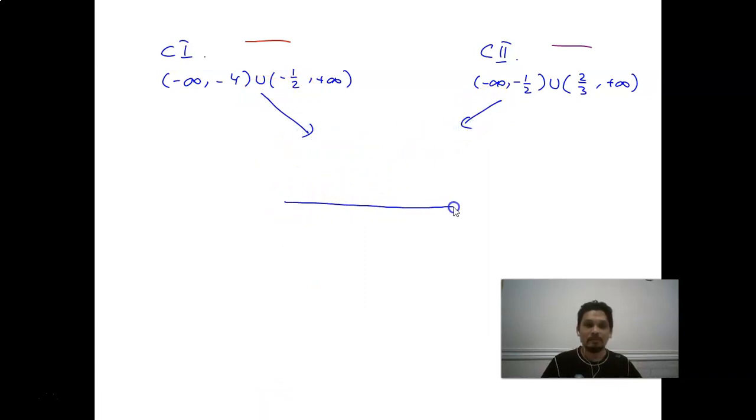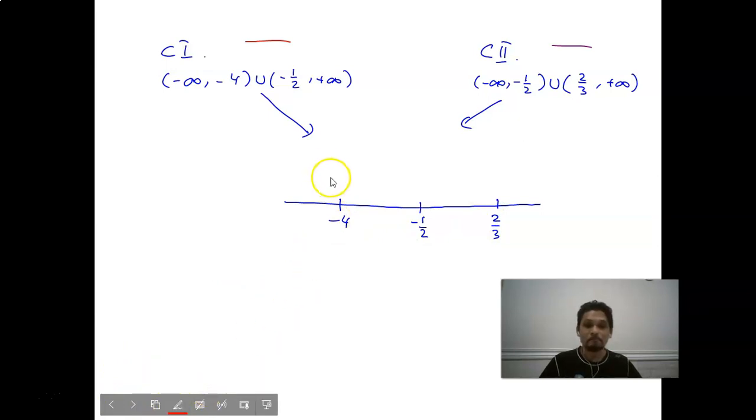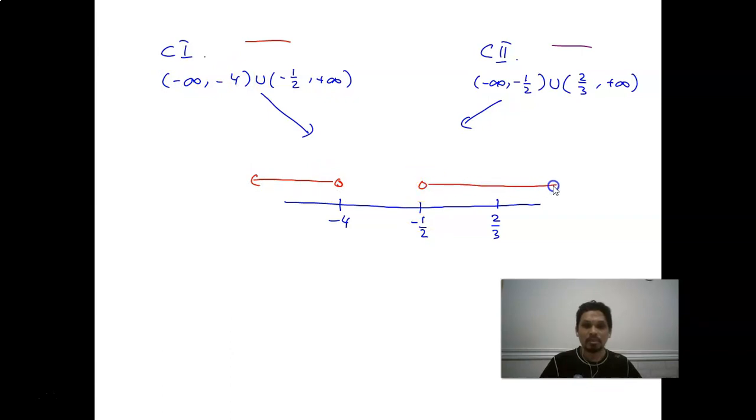Bring this on one number line. Okay, so we got negative 4 and negative half. Negative 4 and negative half. And this one here, negative half and 2 over 3. Okay, now, the first one, it is negative infinity until negative 4, and negative half to positive infinity.